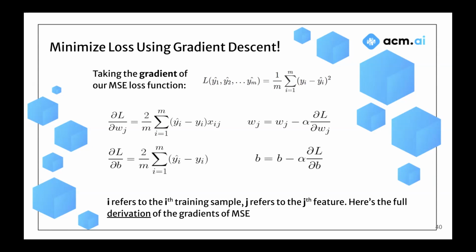The first question that we want to answer in the process of getting to the solution is, what is y hat in this case? Does anybody remember what y hat is? Yeah, it's our predicted value. And what is the formula for our predicted value?